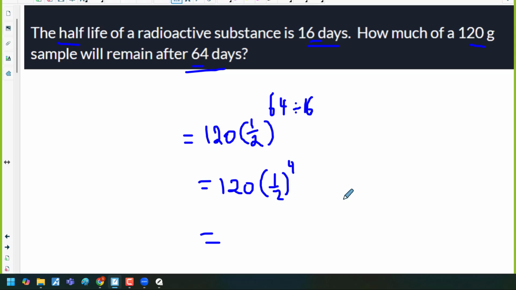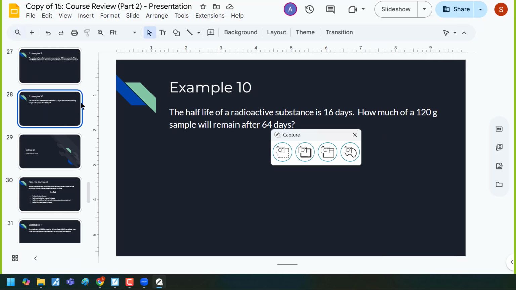So 1/2 to the power of 4, and then times 120. That's how easy this is. You get 7.5. That is the answer. That's how much will remain, 7.5 grams of the radioactive material after 64 days.